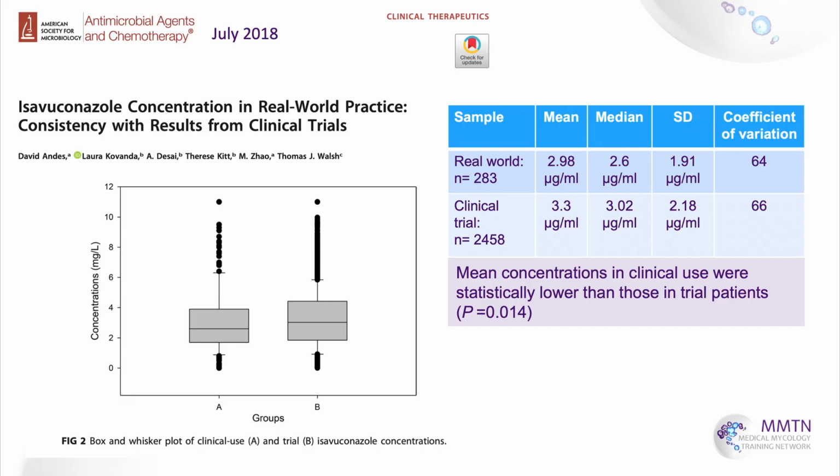This is isavuconazole concentrations in real world practice. Looking at the predictable pharmacokinetics of isavuconazole, in general, therapeutic drug monitoring of isavuconazole is not recommended for treatment of invasive fungal infections, except in some specific clinical scenarios like resistant fungi, or when the patient has medical disorders like renal failure or hepatic dysfunction, or anything else which can affect the absorption and elimination of the drug.